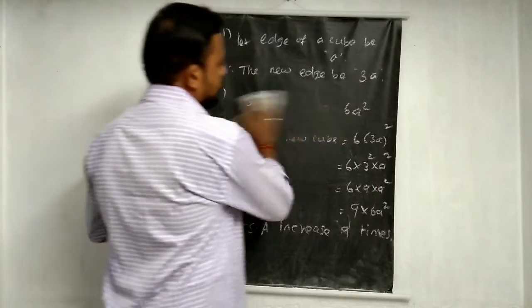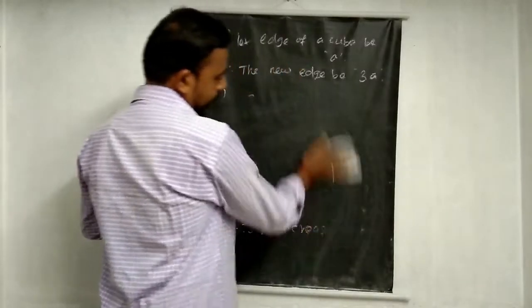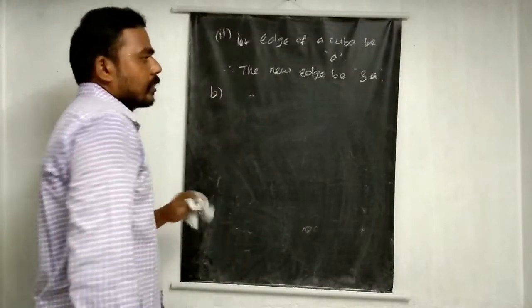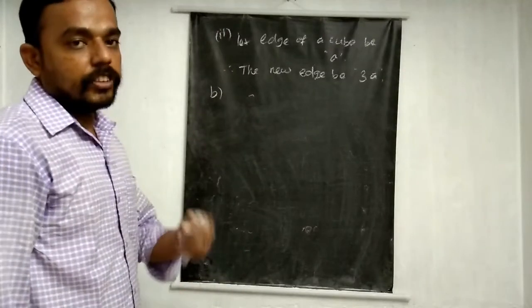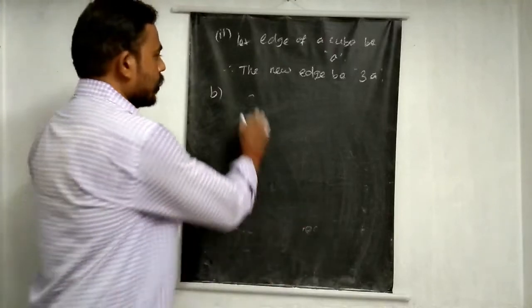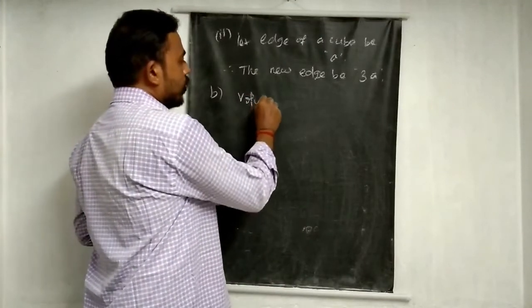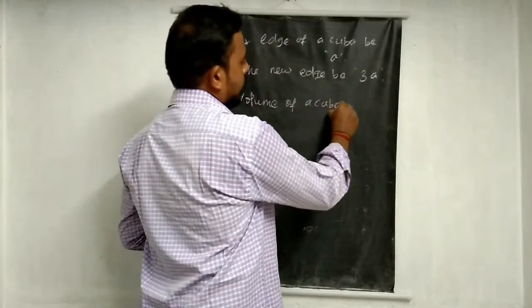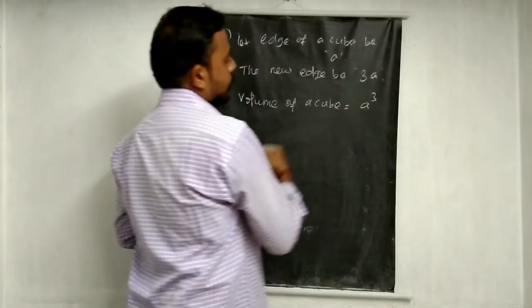In the same way, the second question: how many times does the volume increase? Volume of a cube equals A to the power 3.